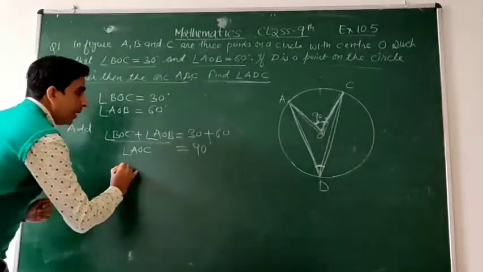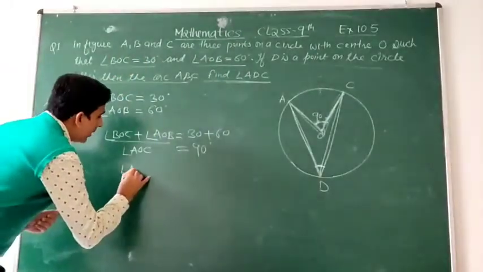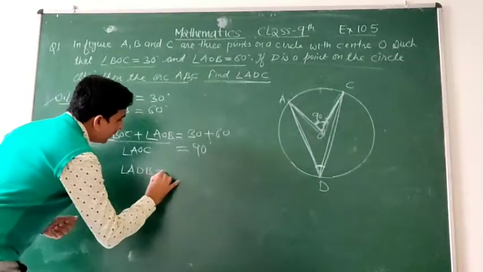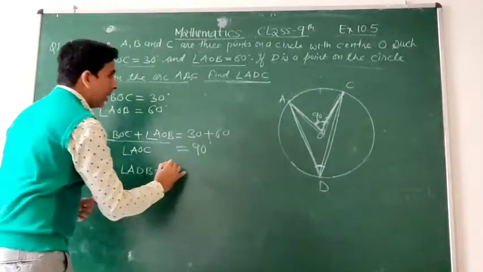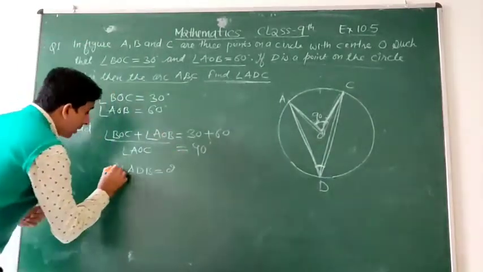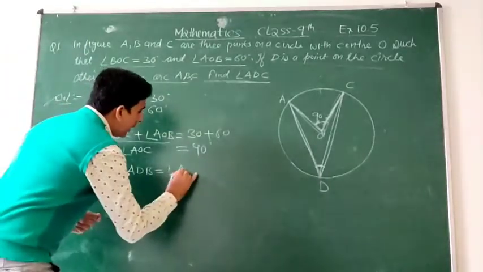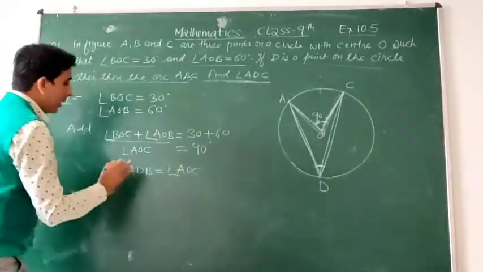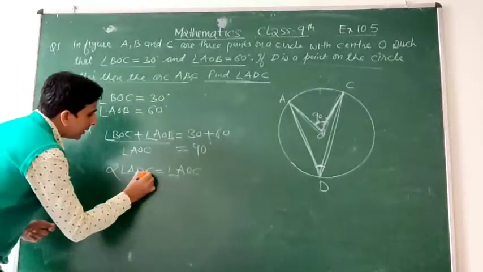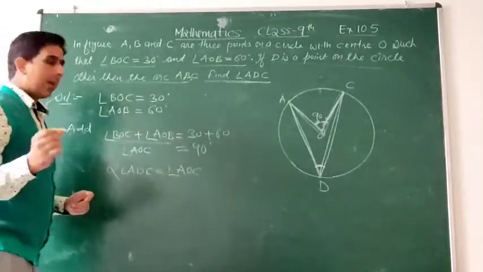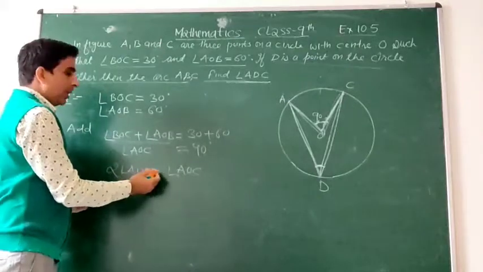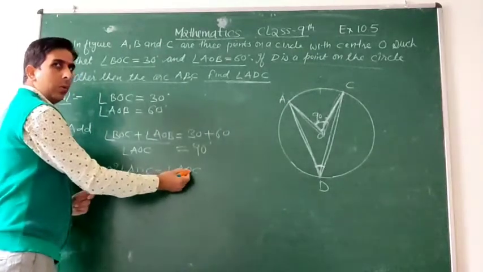So twice of angle ADC is equal to angle AOC.